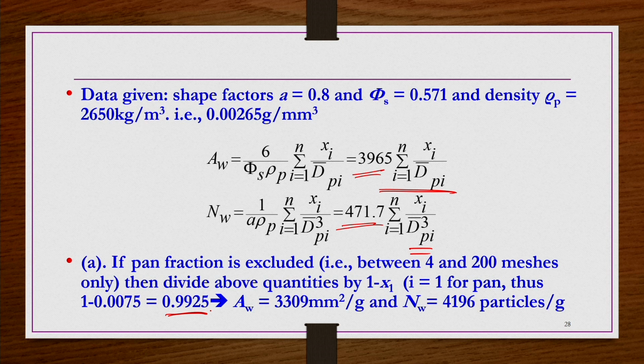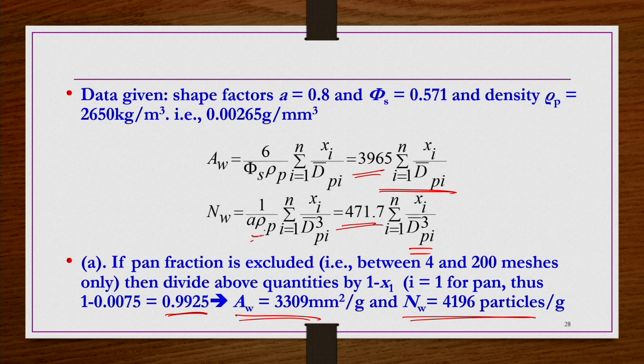If you divide these numbers by 0.9925, you get the true values: AW is 3309 mm square per gram and NW is 4196 particles per gram.